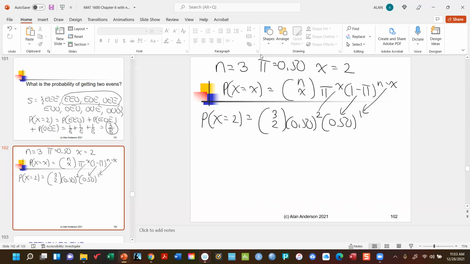X is 2, of course. This is pi, this is 1 minus pi, this is n, and this is x. So then we can rewrite this using the definition of this expression.